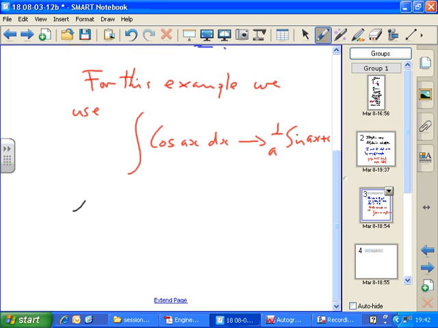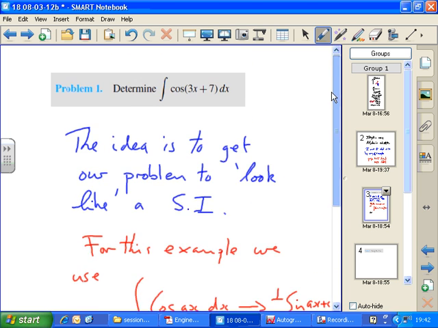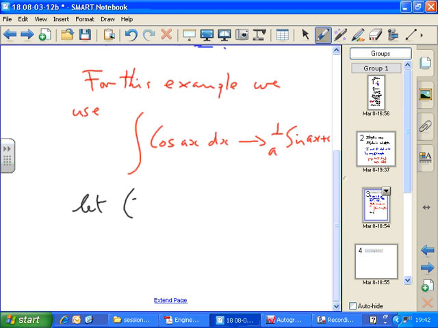Let the bracket, or the 3x plus 7, be u. So it's a bit like this idea of u and v in the differentiation we've been doing. We let 3x plus 7 equal u.